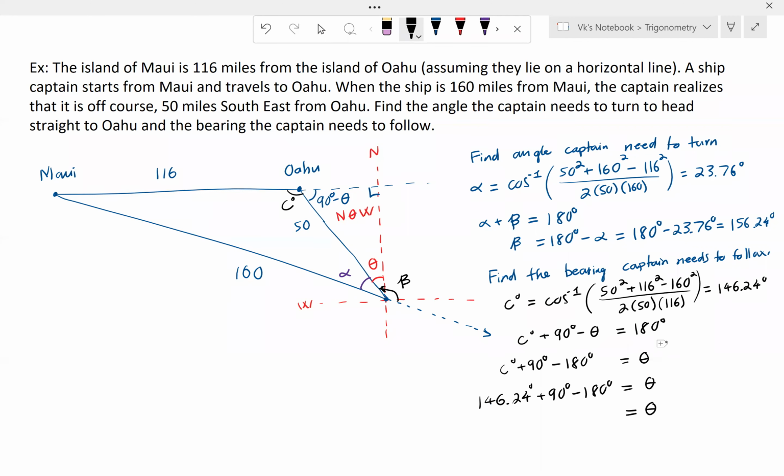And so the angle theta is 56.24 degrees. And hence the bearing is north 56.24 degrees west.